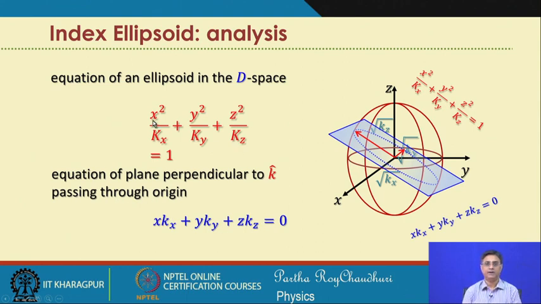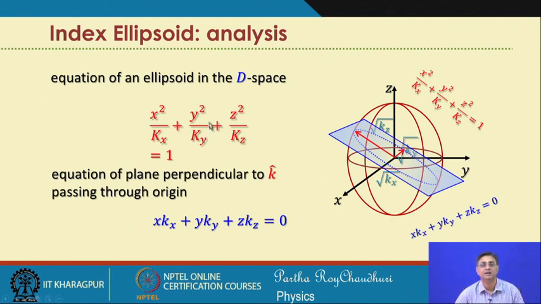Now, all that we are trying to do is to show that the ellipsoid intersects the plane in an ellipse, and how we can mathematically extract from this construction that the semi major and semi minor axis of the ellipse will correspond to the quantities that we are looking for, that is the displacement vectors or the electric fields, and the solutions, the roots, that is the two wave refractive indices.